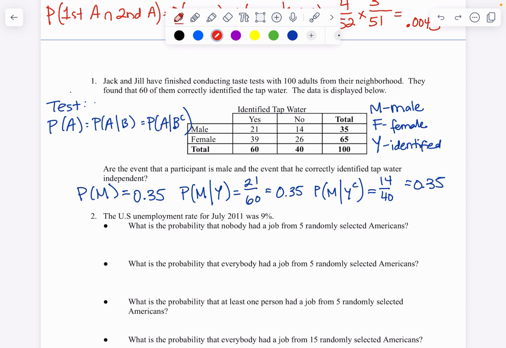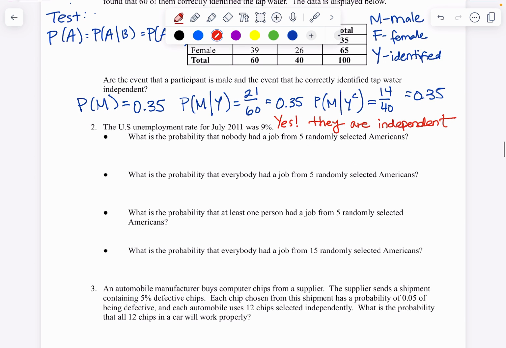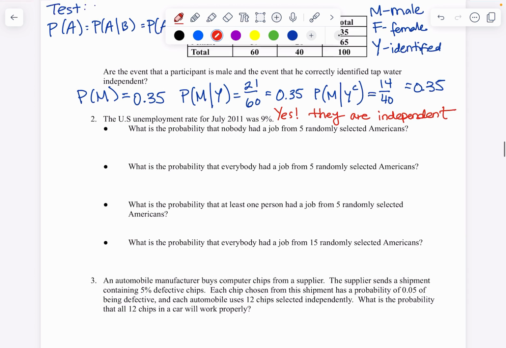So hopefully you said, yes, they are independent. Okay, Jack and Jill and their ability to identify tap water, done.